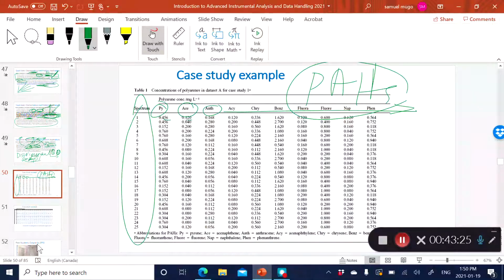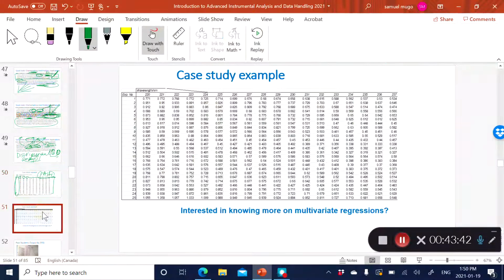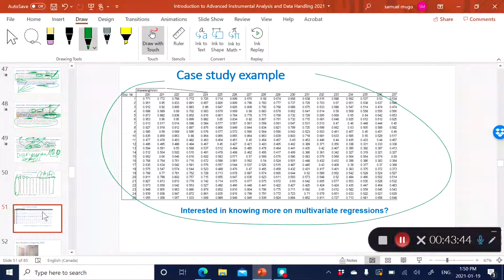I make different types of concentrations. Because you can see these are standards, I run all these standards of known concentrations. You can see that I've run them on the instrument and they've given me this type of data set corresponding to those concentrations.